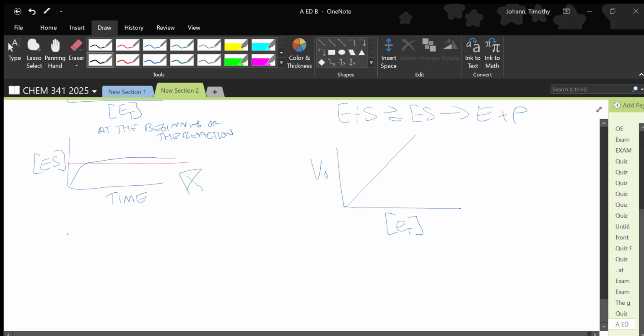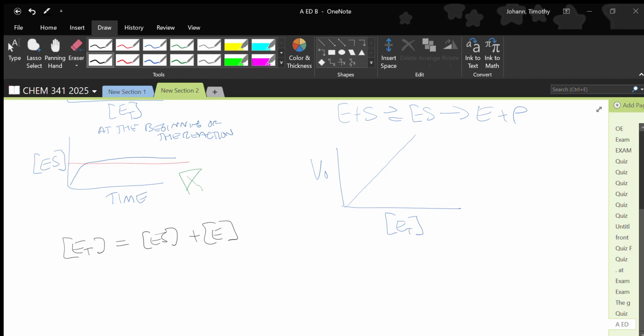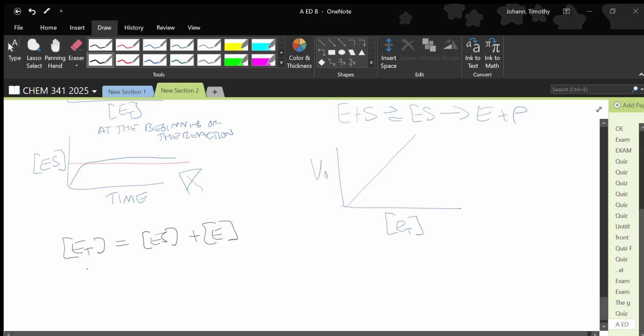We started by saying that enzyme total was equal to enzyme substrate concentration plus free enzyme, the free enzyme and the bound enzyme. That's the only two places it can go. And then we rearranged this, though I don't know that we actually rearranged this for what we're talking about.